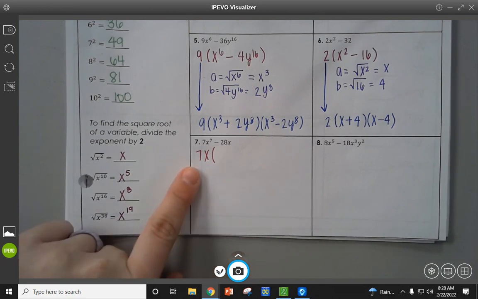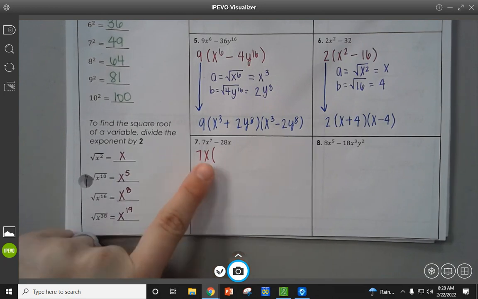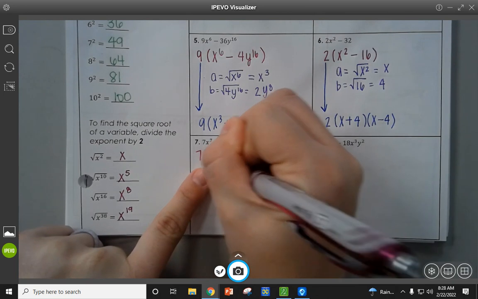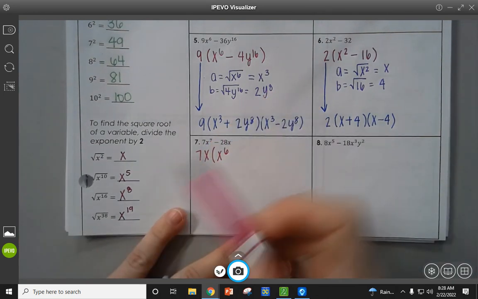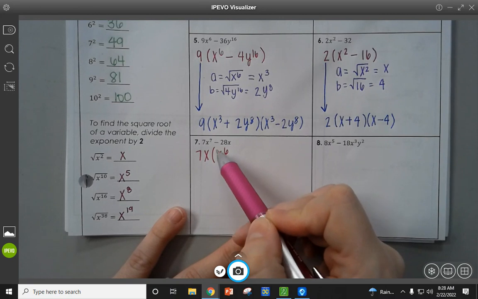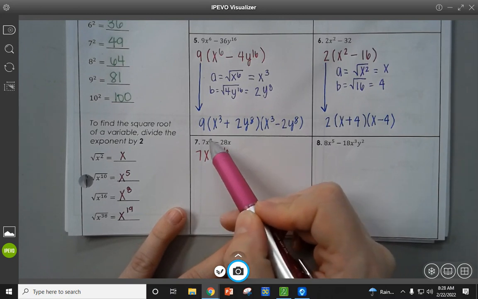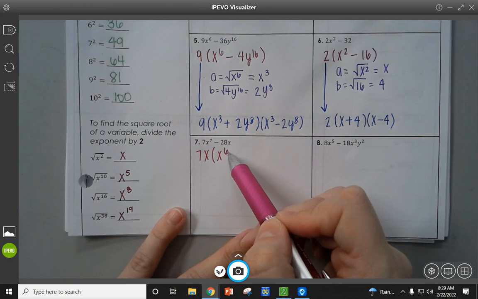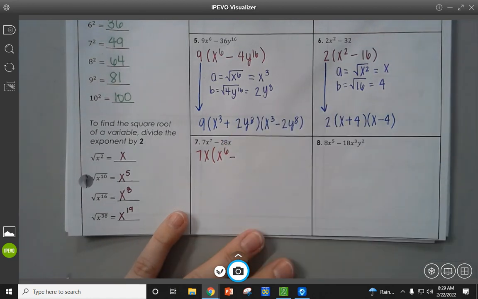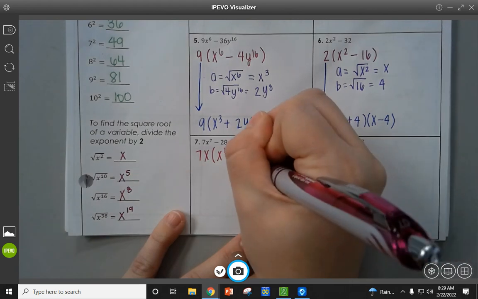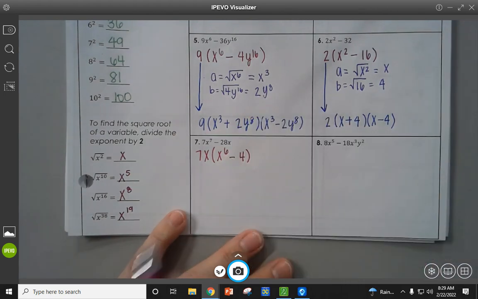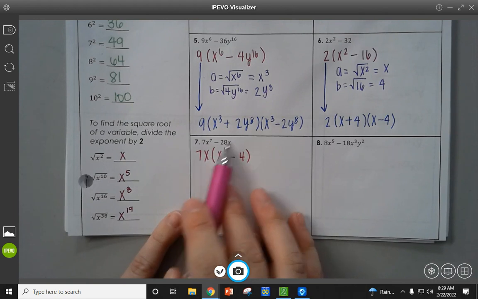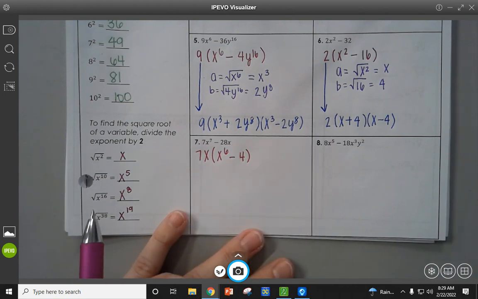So when I factor out 7x, I'm left with x to the 6th, because 7 divided by 7 is just 1. And then when I take out one of those x's, I'm left with x to the 6th. Minus what? 4. 28 divided by 7 is 4, and then the x's, I took all the x's out.